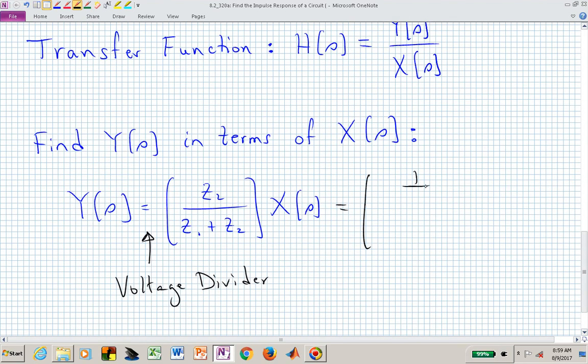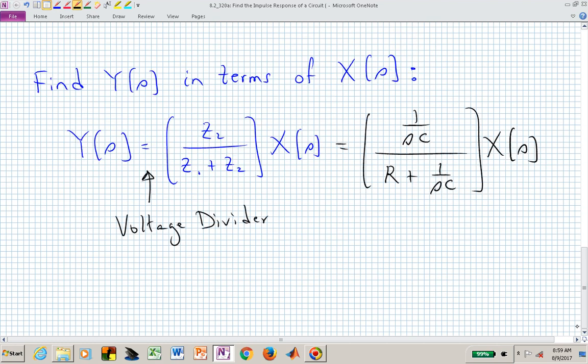Or now we have 1 over SC all over R plus 1 over SC. That may look a little bit ornery because of this ratio of ratios, but we can clean it up by getting a common denominator of SC in both the numerator and the denominator.